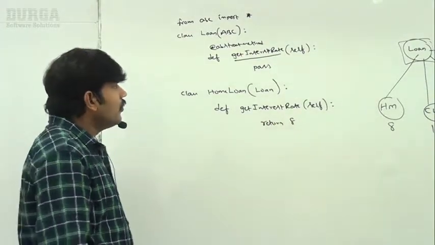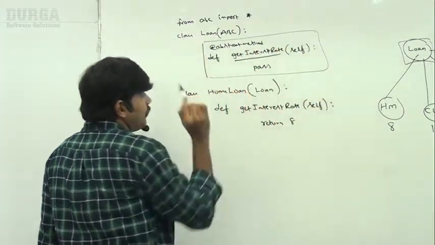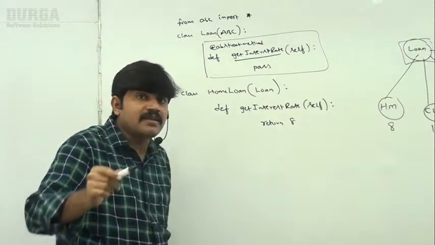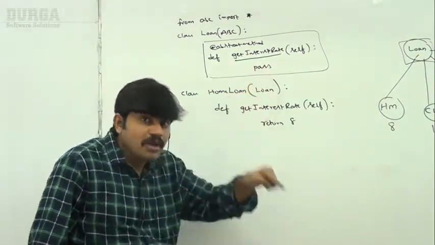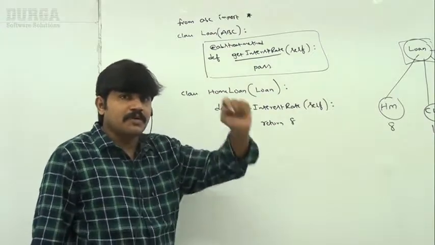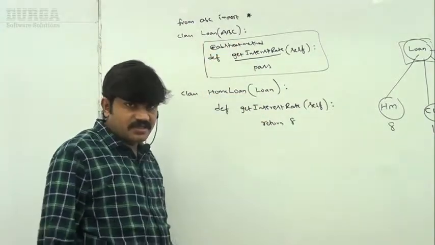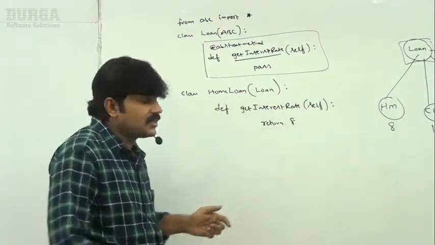So if we don't know the implementation for any method, such a method is called an abstract method. How can you provide the empty body? By using the pass statement. Who is responsible to provide the implementation for this abstract method? Child classes are responsible.